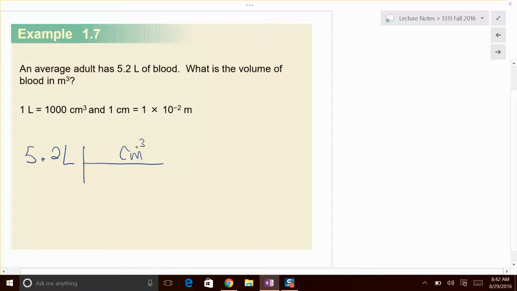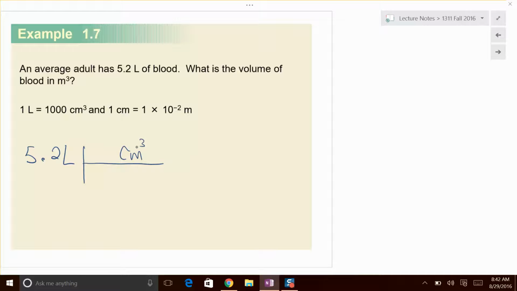Once I find my centimeters cubed, I'm going to take a break from the conversions and change that centimeters cubed into centimeters. How would I do that? How do I change a cube into its unit? That's right.